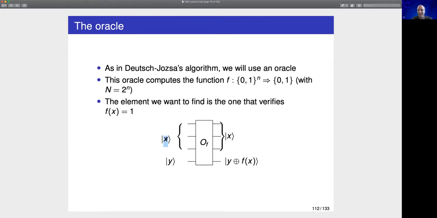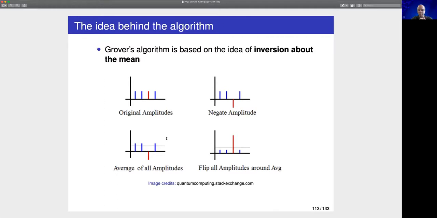Okay. Then what we are going to use is, of course, interference. We are going to use all these properties of superposition, entanglement and interference. And what we are going to do is to manipulate these amplitudes with an idea that is called inversion about the mean. And it's the main idea behind this algorithm.